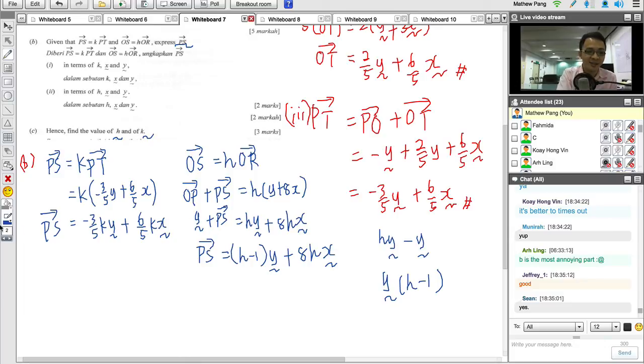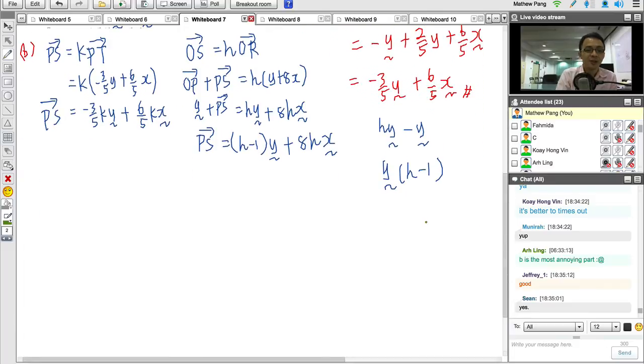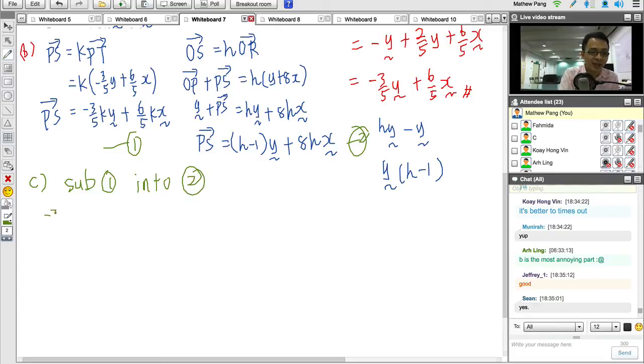So in part C, maybe I use green color for part C. Part C is very easy. Maybe I call this one 1, this one 2. I substitute 1 into 2, because both also have PS, so I can easily substitute in. So I get negative 3 over 5. I arrange x first, just to make your life easy.